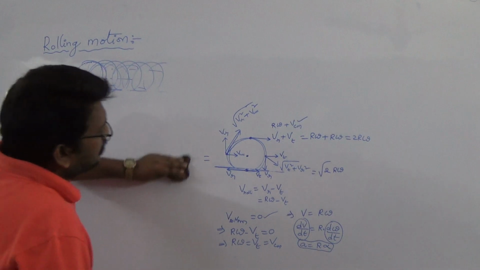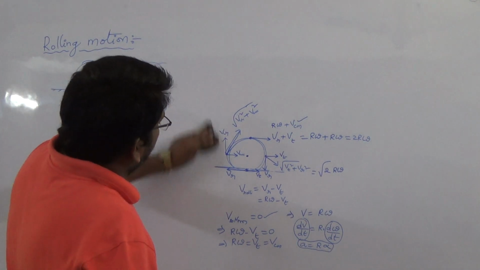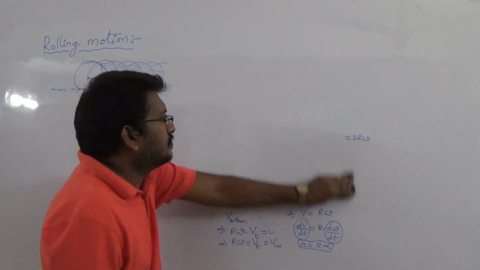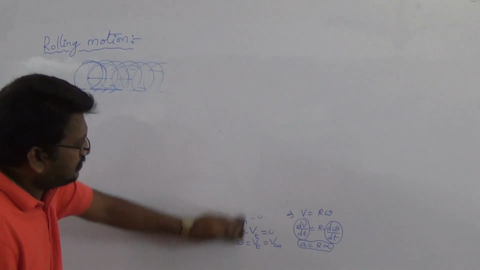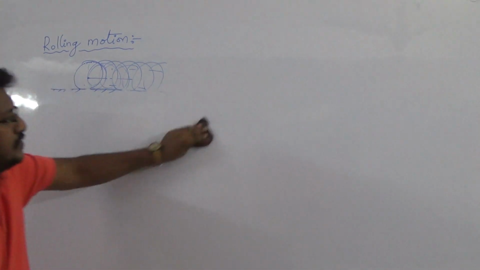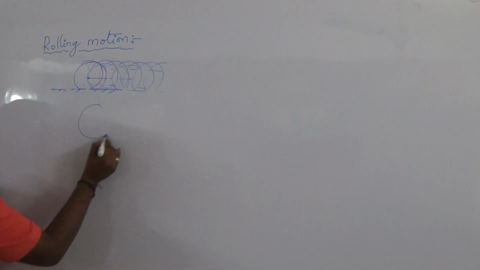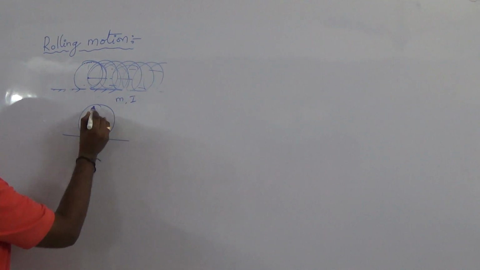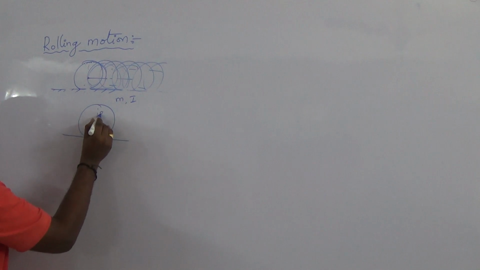I am going to discuss the kinetic energy of the rolling body. See here, a body of mass m, moment of inertia I, and radius of the body taken as r.